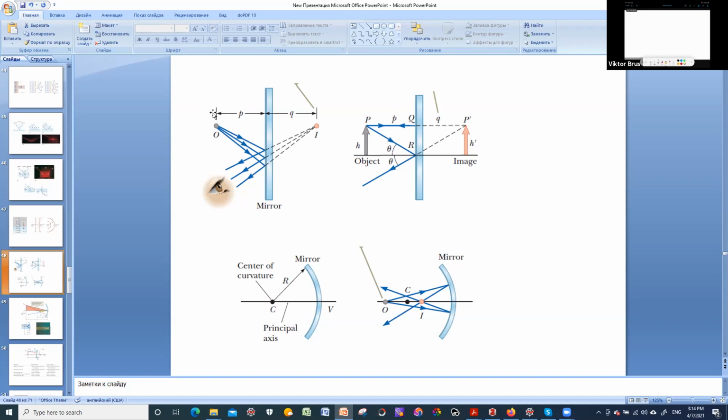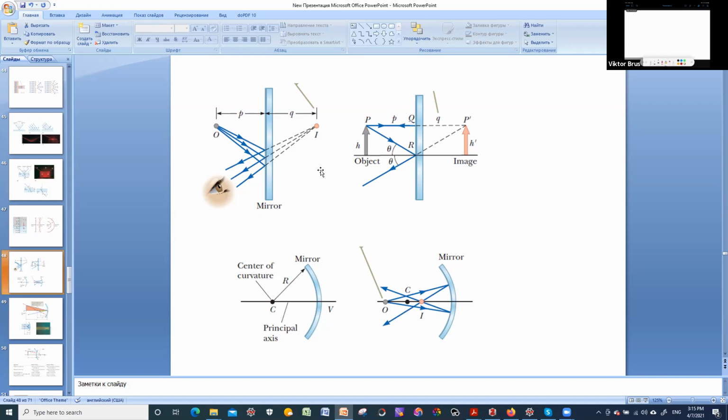So this distance from the object O to the mirror, named P, is called the object distance, and this distance from the mirror to the image, which is named Q, is called the image distance.